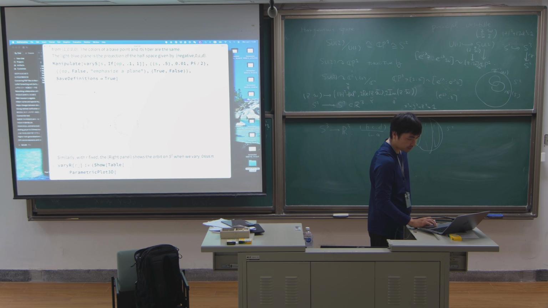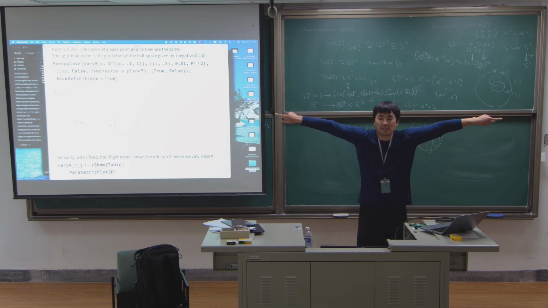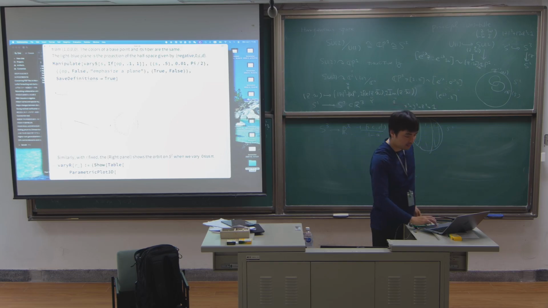Here you have a north pole, and here is the south pole. The south pole pre-image just goes to infinity and becomes a circle, but in the north pole you have a circle.